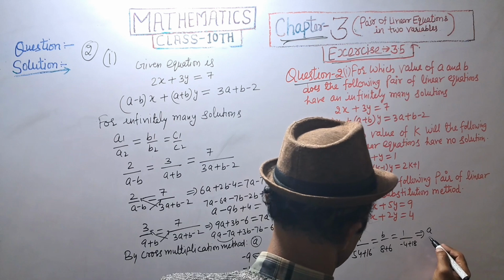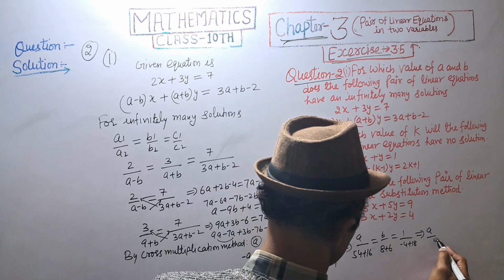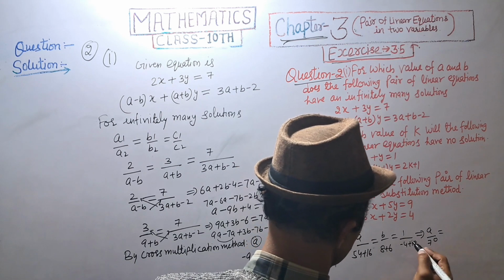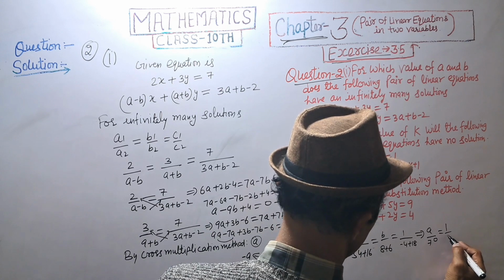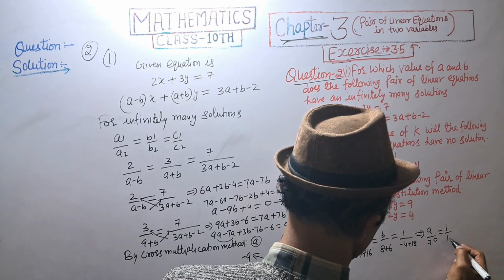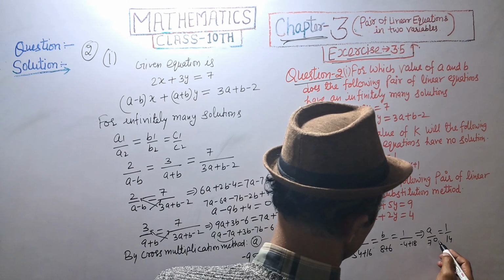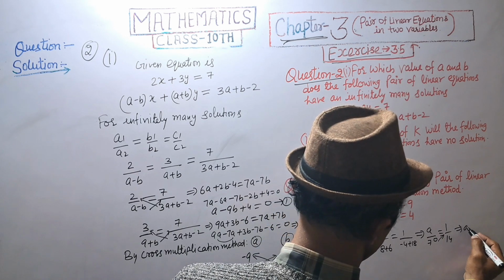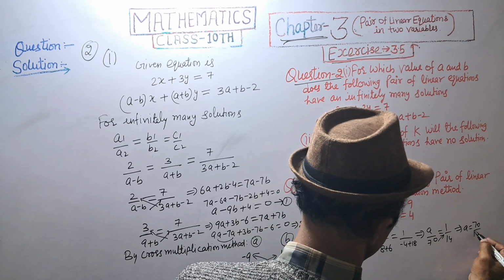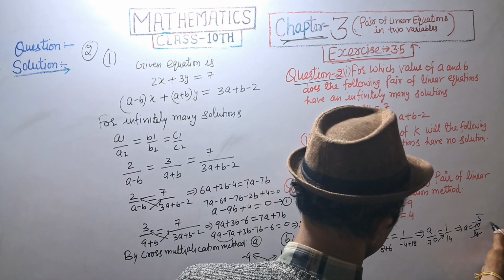This implies a upon 70 is equal to 1 upon 14. A is equal to 70 upon 14, that is 5.